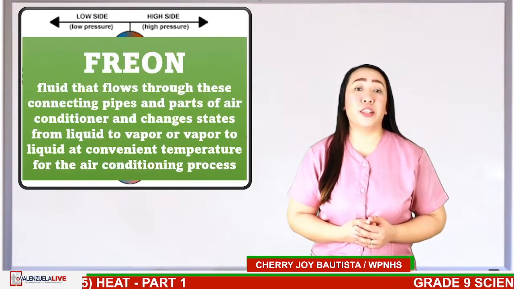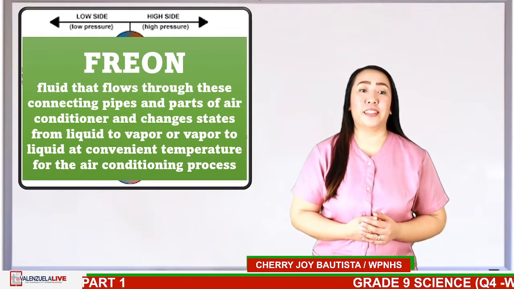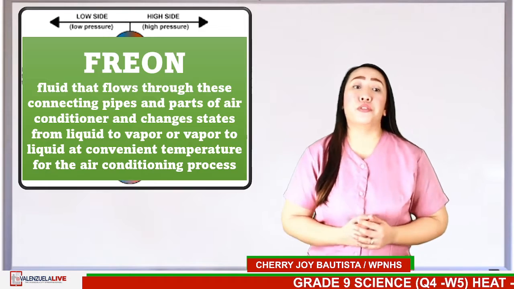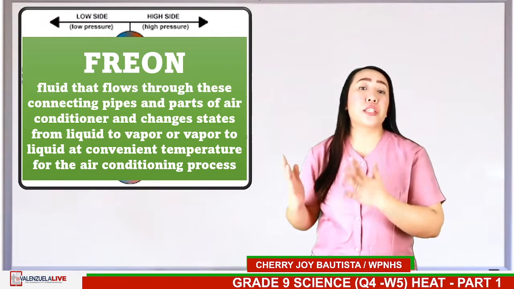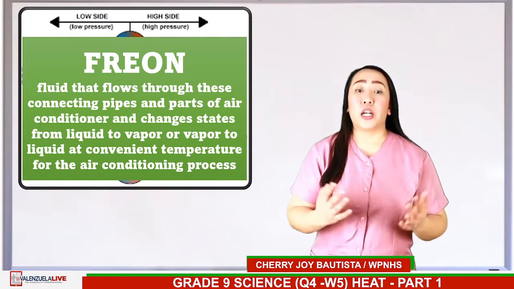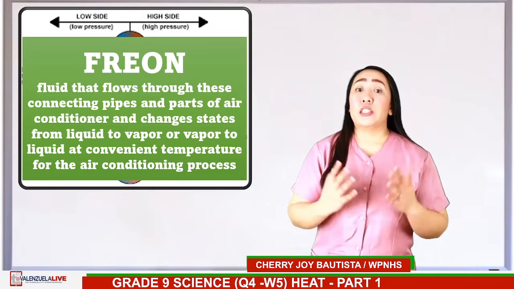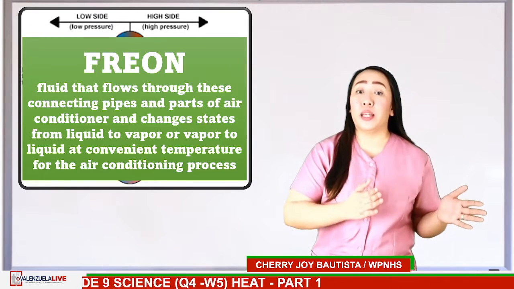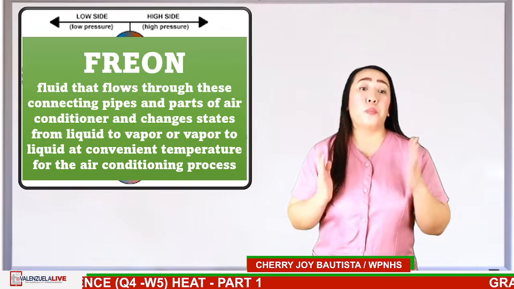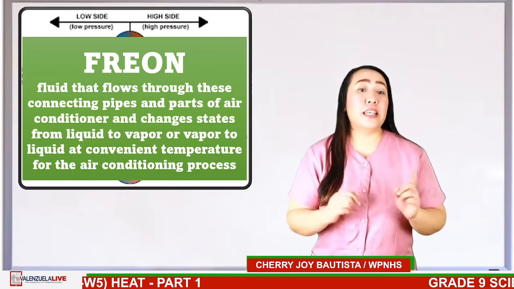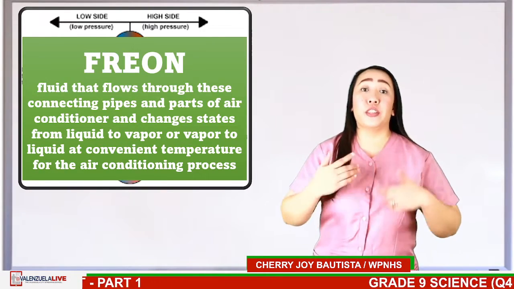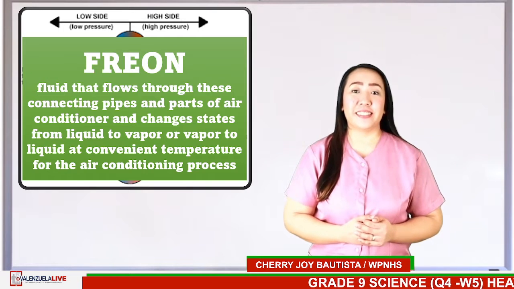We use Freon as the refrigerant. Freon is a fluid that flows through these connecting pipes and parts of the air conditioner and changes states from liquid to vapor or vapor to liquid at convenient temperature for the air conditioning process.